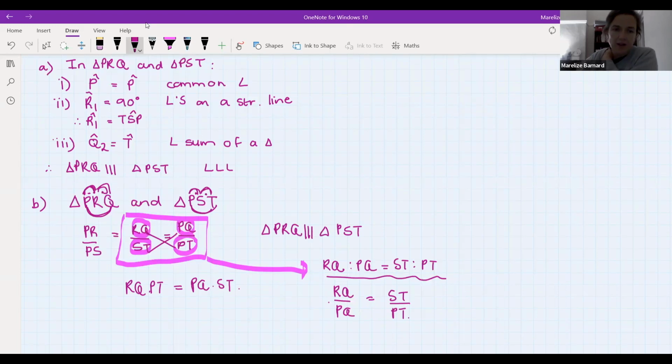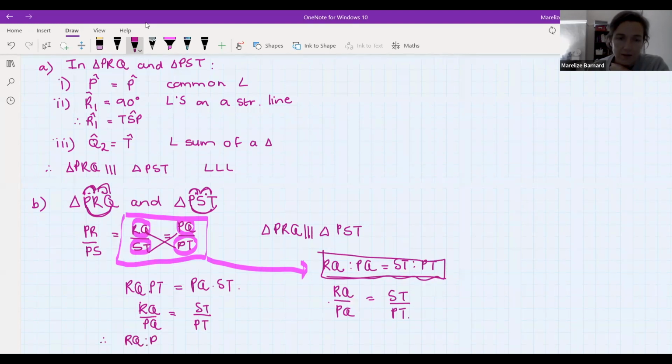So then we're going to divide RQ over PQ, and this side we divide by PT. Well, we divide both sides by PT. But they asked for it to look like this, so we have to answer with the format that is required. RQ to PQ, ST to PT.